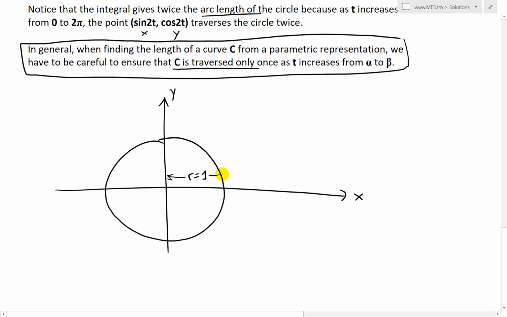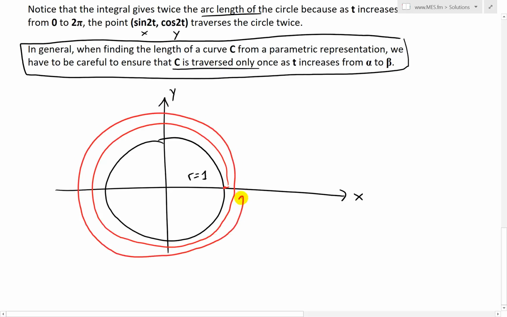Now if we have a point here at sine 2t, cos 2t, it traverses around this twice. Once is 2 pi, and then it goes all the way around to here. So if you start off from that point, this is a total of 4 pi, and that's the arc length, because it's rotating around it twice.